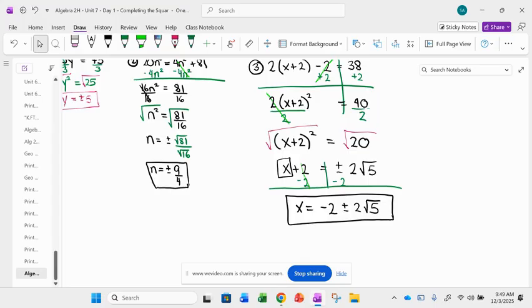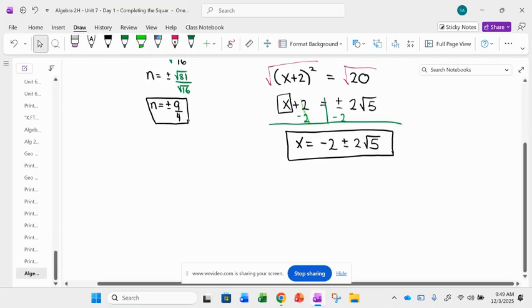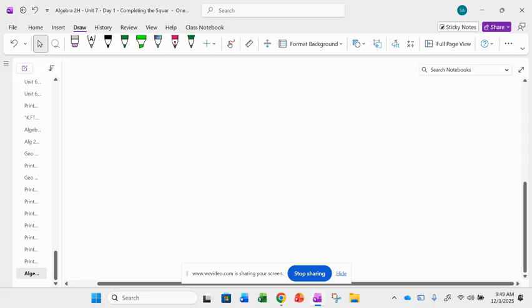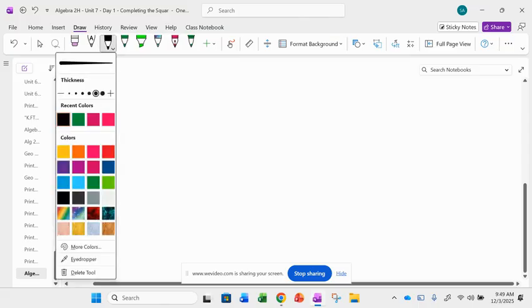Okay, so now that we've practiced solving by square root method, now what we're going to do is solve by completing the square. Let's go navy blue.